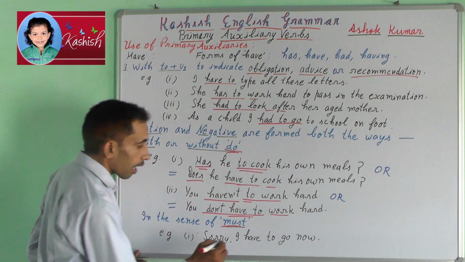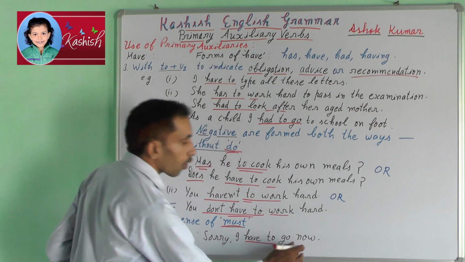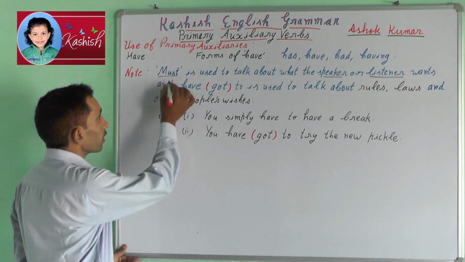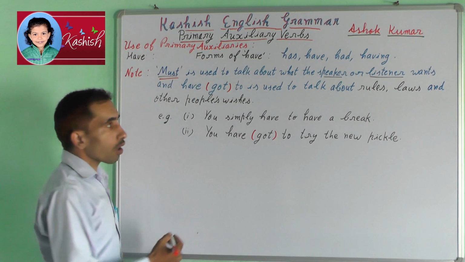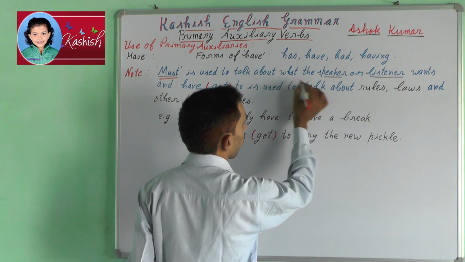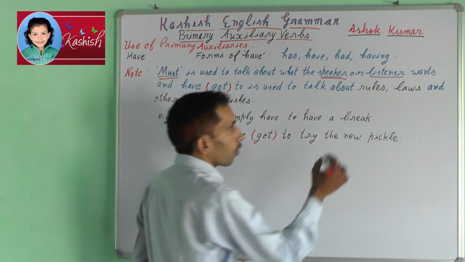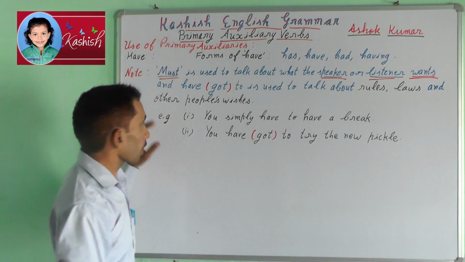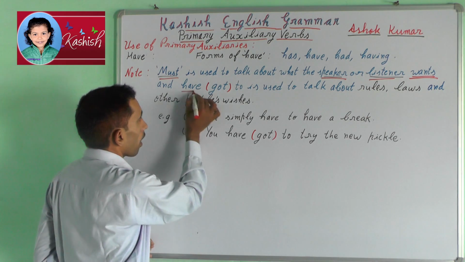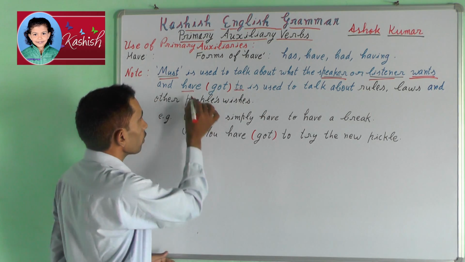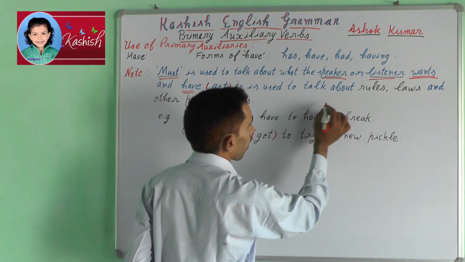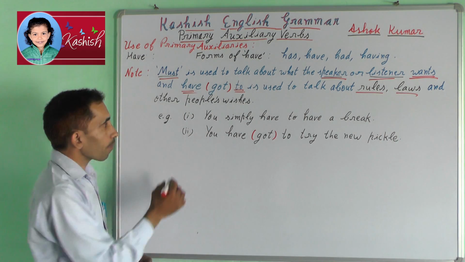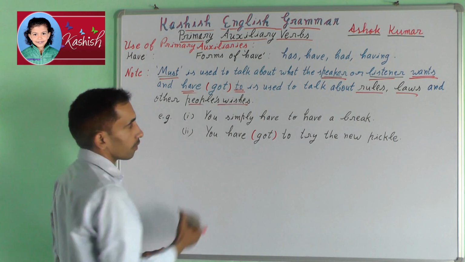Sorry, I have to go now. Note, must is used to talk about what the speaker or listener wants, and have to is used to talk about rules, laws and other people's wishes.